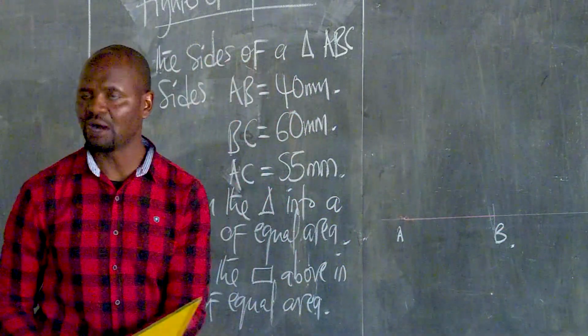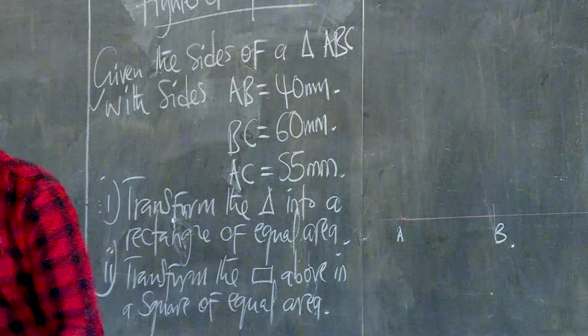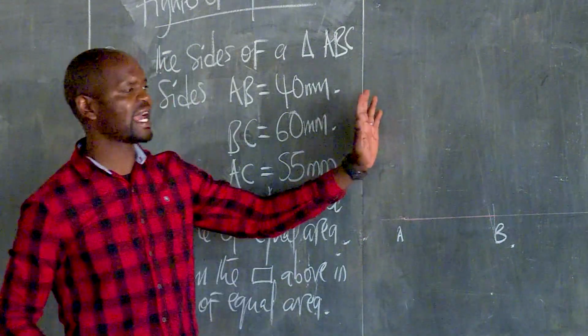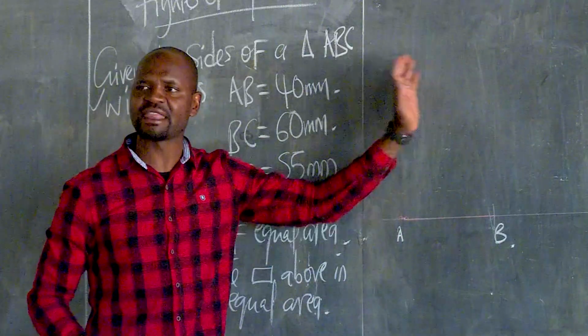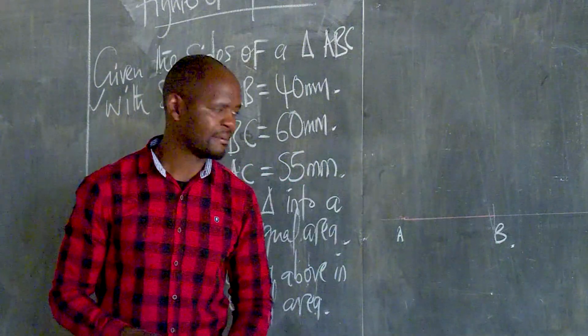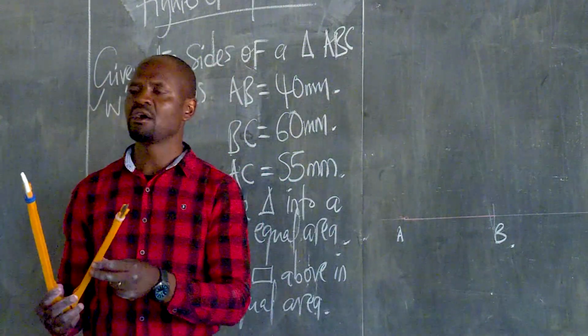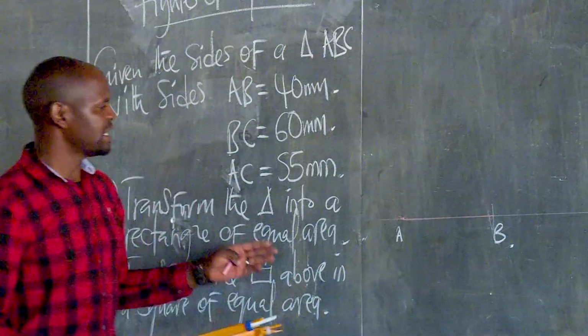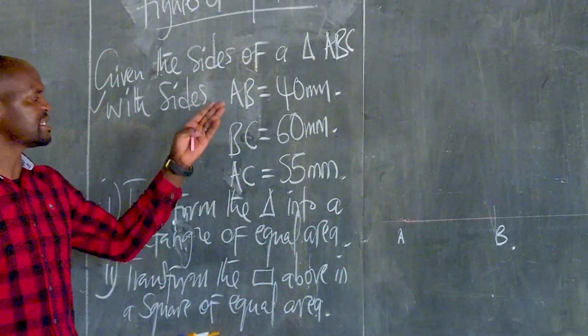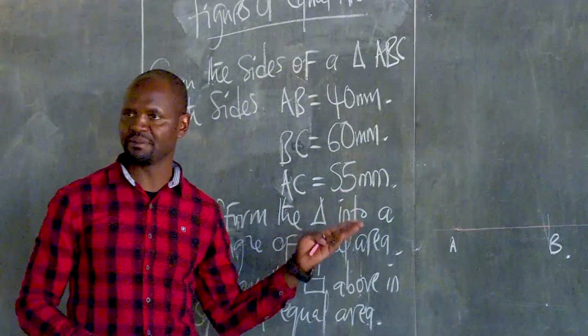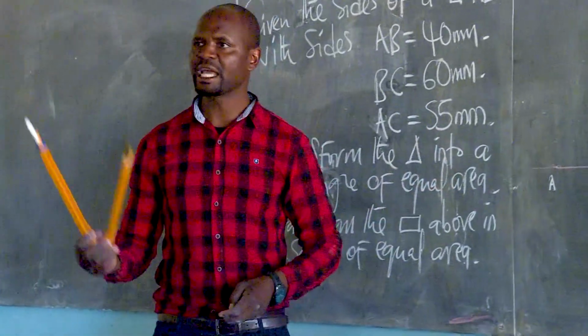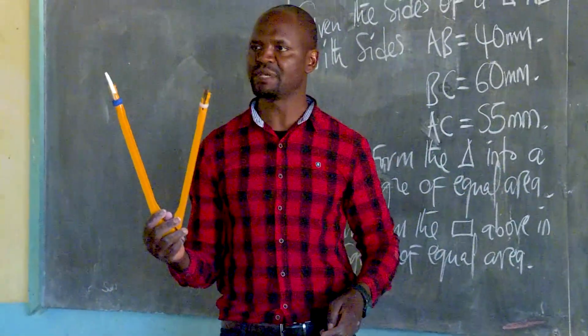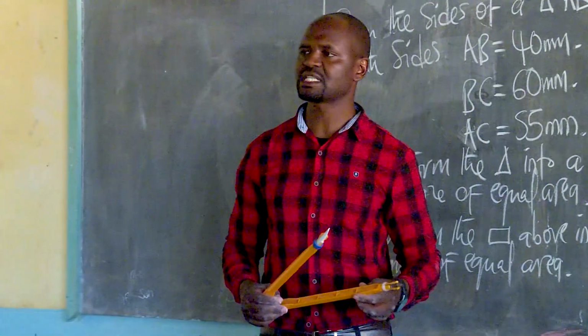Okay, so how do I mark point C? What I know is that point C is somewhere here, not so? Yes, sir. Okay, so I'll get my compass, open it to AC. AC is equals to what? 55 millimeters, not so? Yes, sir. I'll get my compass, open it to 55 millimeters, then stand on point what?